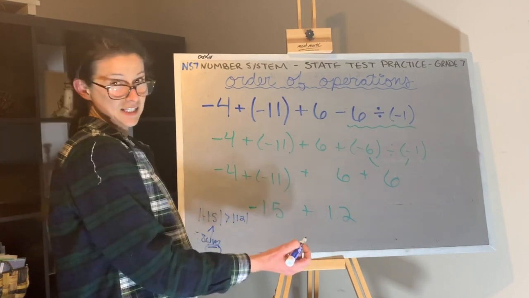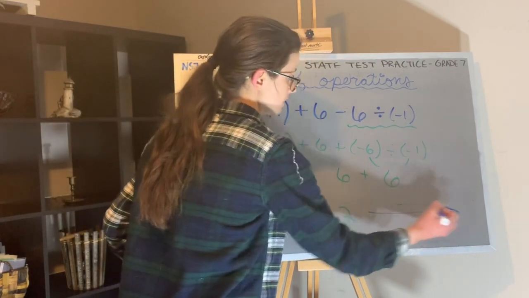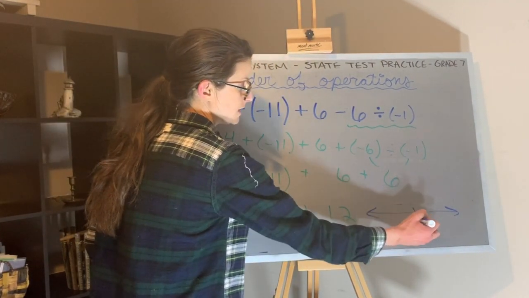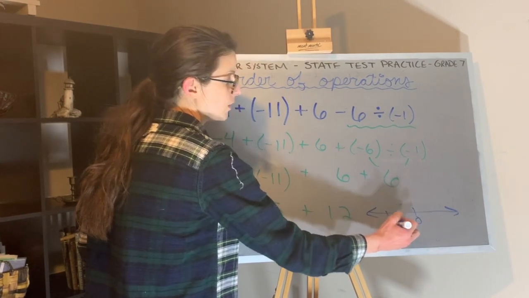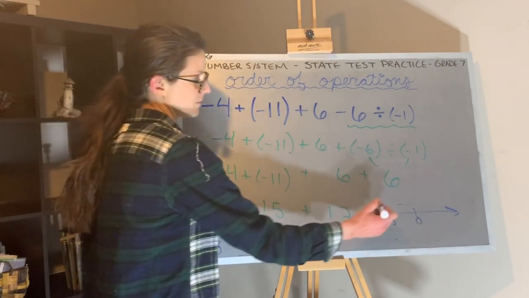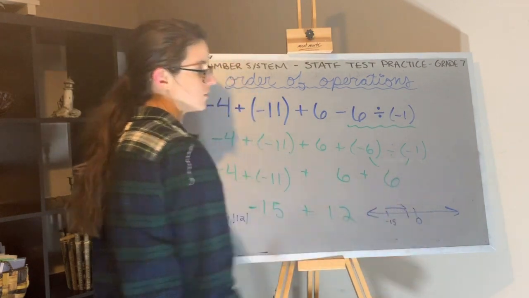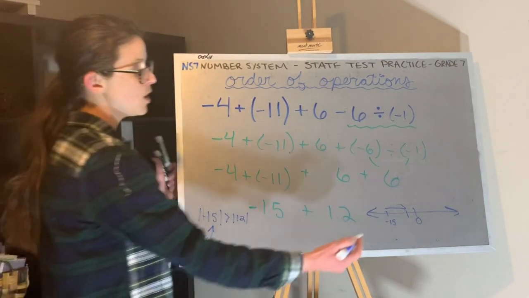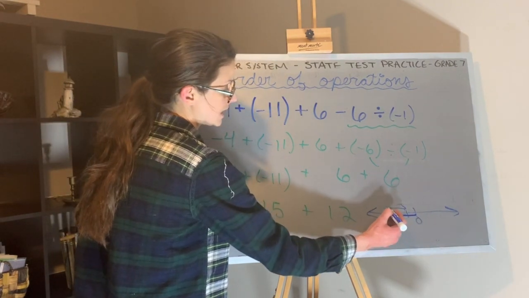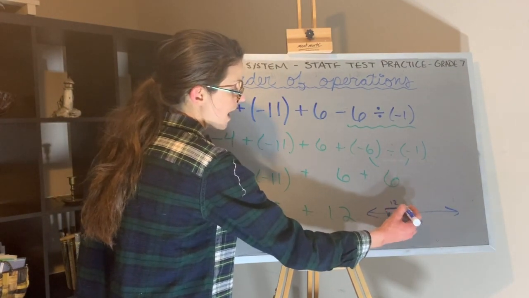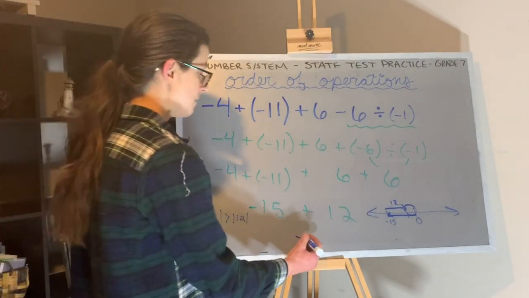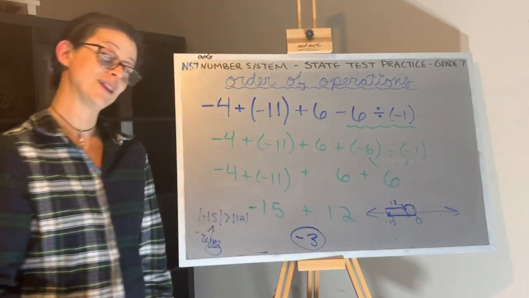So then I just need the difference of their absolute values, because I know that -15 to the left of 0 will not cross over 0 because I'm only adding 12. So my sum will stay negative. What is that value? Well, from here to here is 15 and here to here is 12. I need to know their difference. So 15 minus 12 is 3. My final answer is -3.